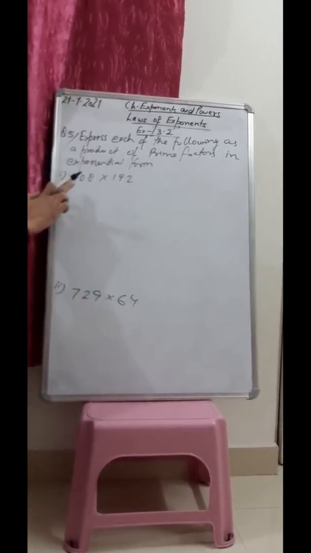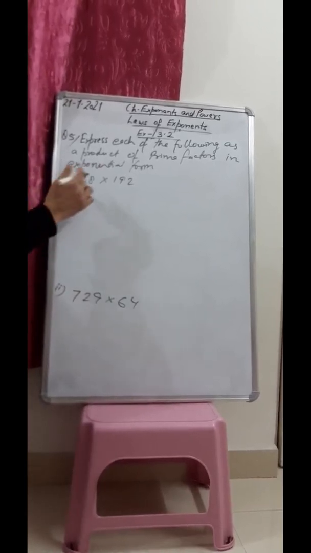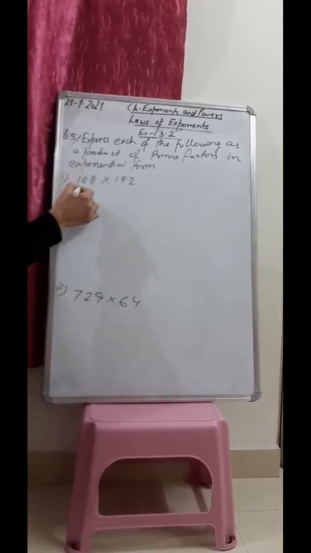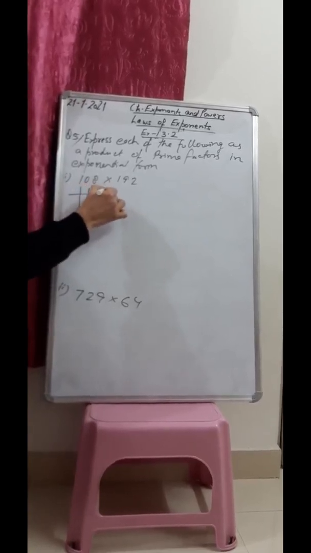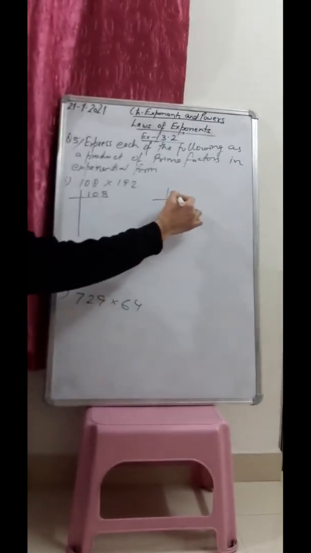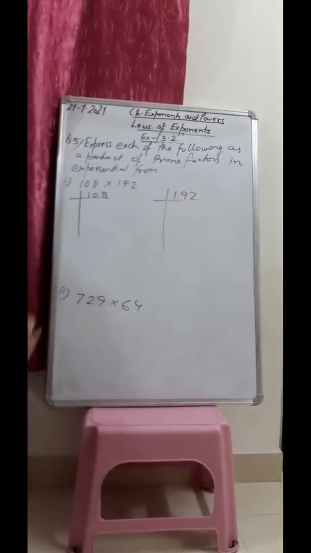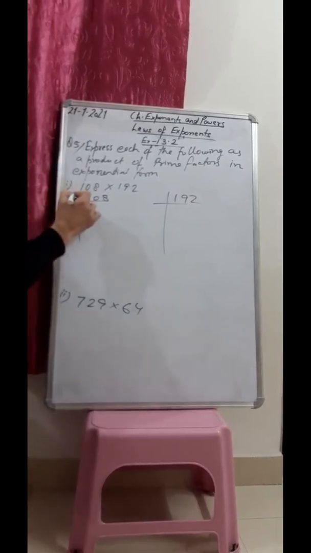So first is 108 multiplied by 192. So for 108 and 192 we are going to find the prime factors of 108 separately and of 192 separately. So 108 is an even number, so we can divide it by 2.